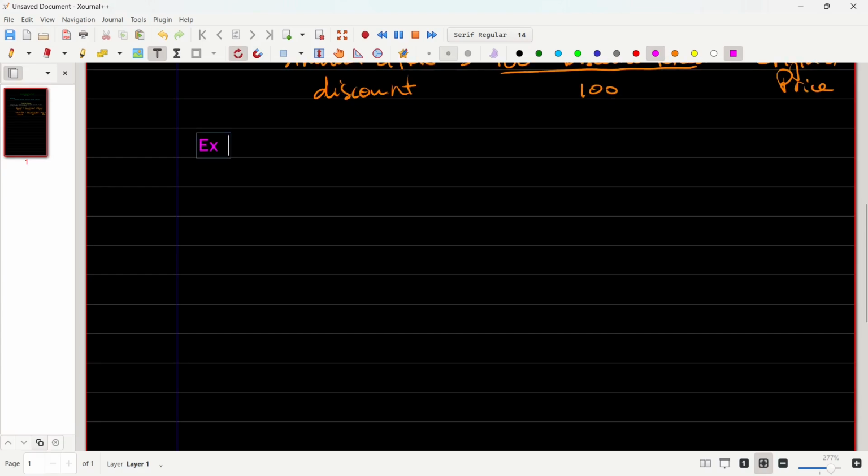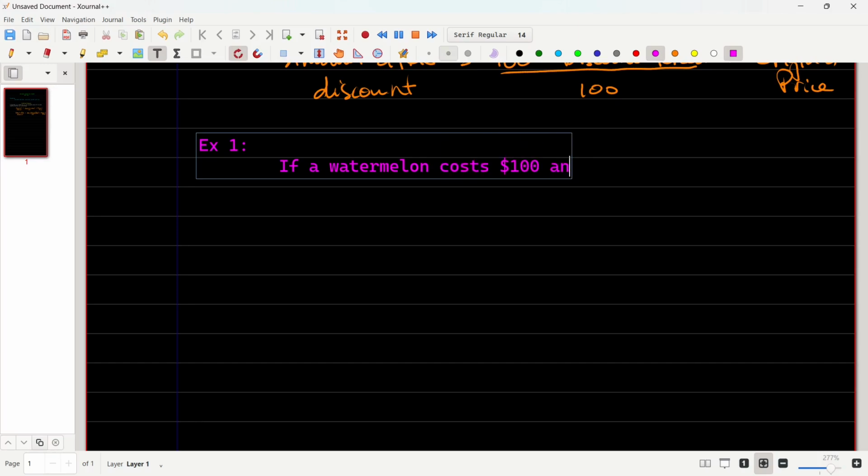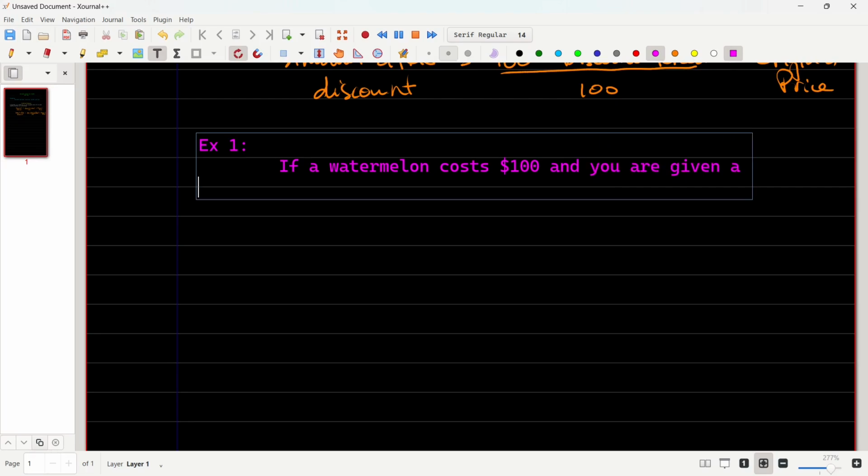If a watermelon costs $100 and you are given a 20% discount, how much less did you have to pay?